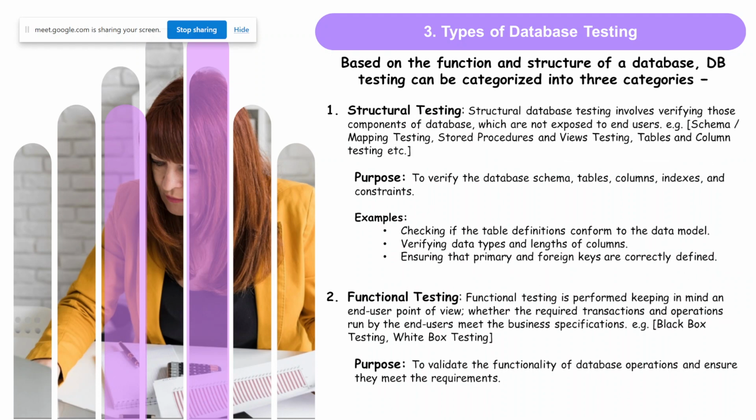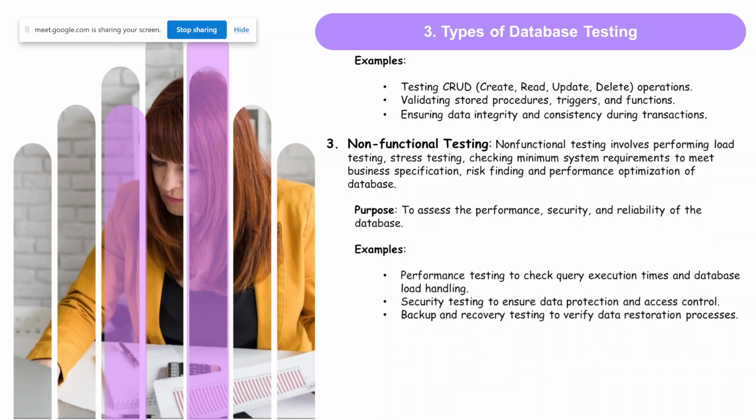The first one, structural database testing, then functional testing, and non-functional testing. We want to test them one after the other. Whenever you are testing any of these, whether structural, functional or non-functional, there are test cases that you must come out with.